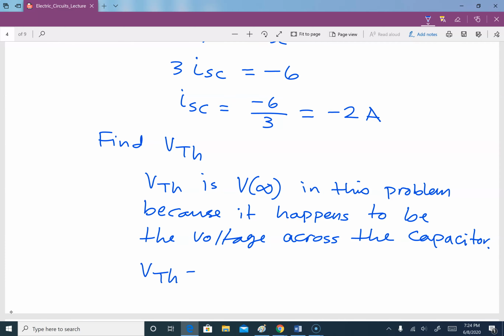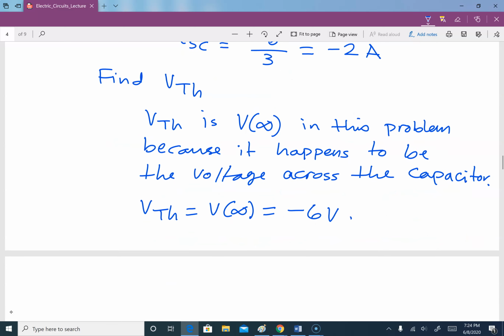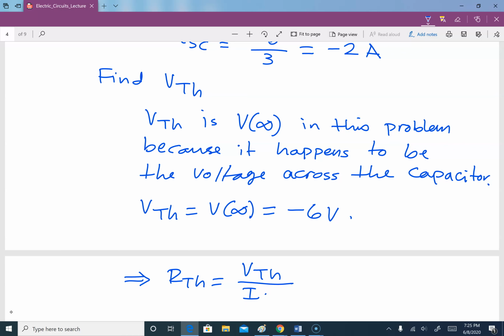So V Thevenin is equal to V infinity, and that is equal to -6 volts. So from that, our R Thevenin is equal to V Thevenin divided by I short circuit, that is -6 divided by -2, which is equal to 3 ohm. So this is our R Thevenin.